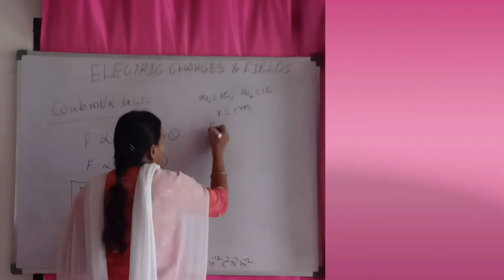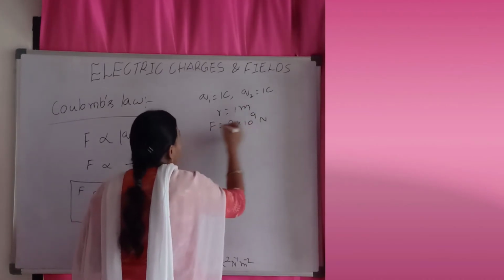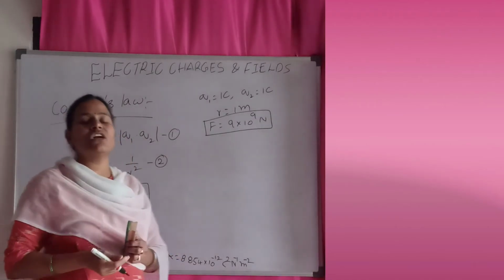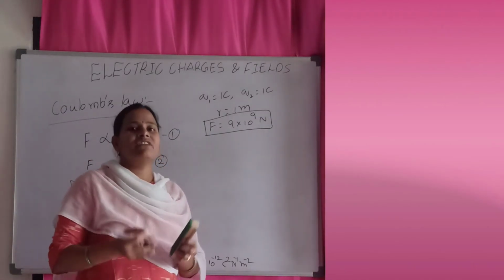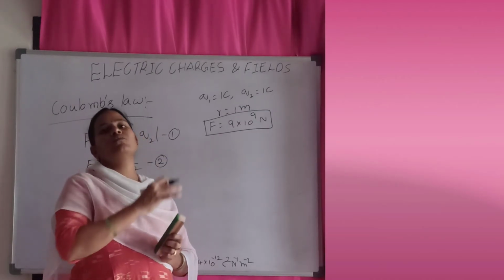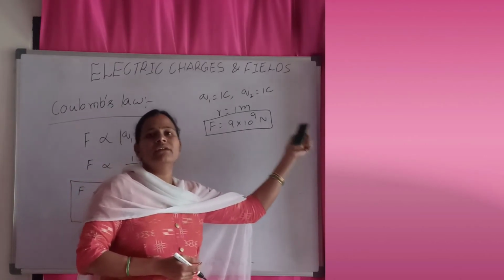Then he got F equals 9 into 10 to the power of 9 newtons. So this is the force that acts between the 2 point charges separated by 1 meter for 1 Coulomb charges: 9 into 10 to the power of 9 newtons.